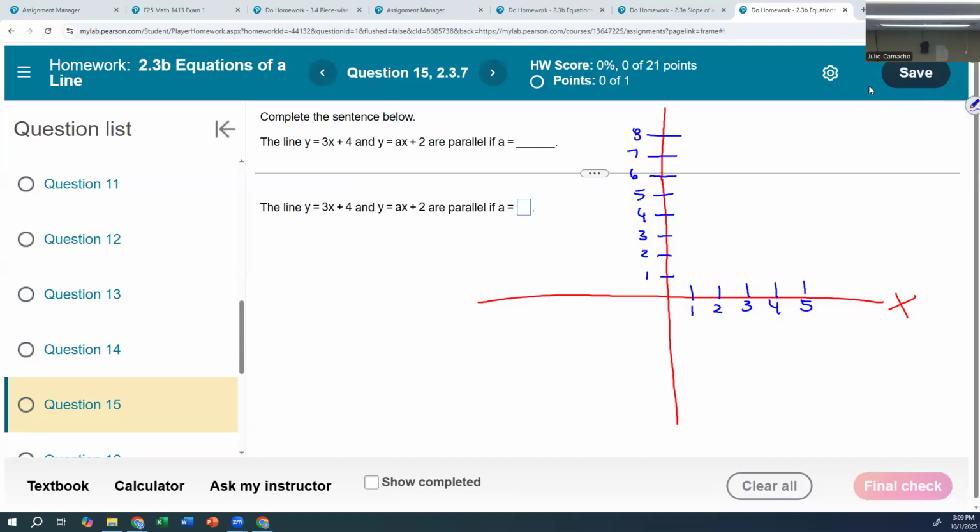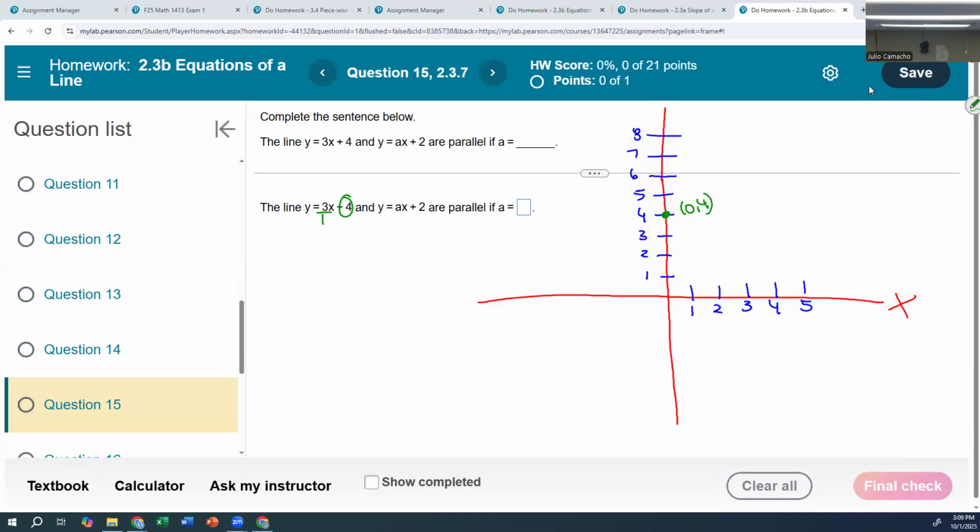So they are saying in the first equation that the y-intercept is 4 and the slope is a positive 3/1. That is your point 0, 4.